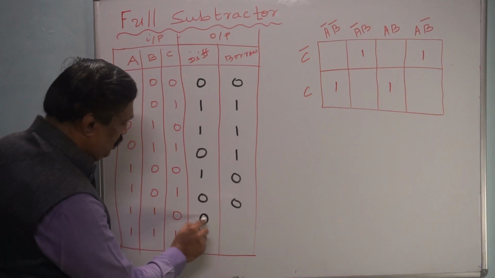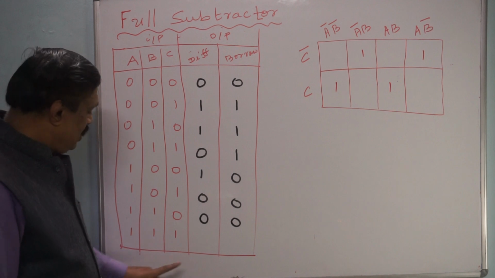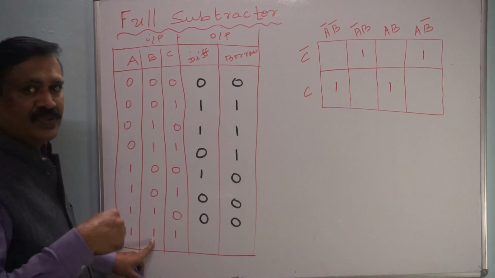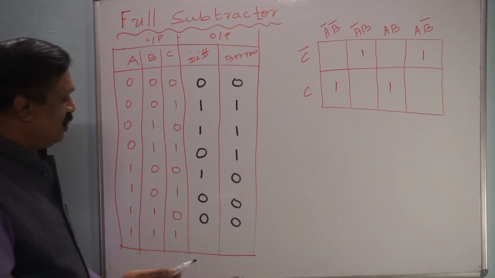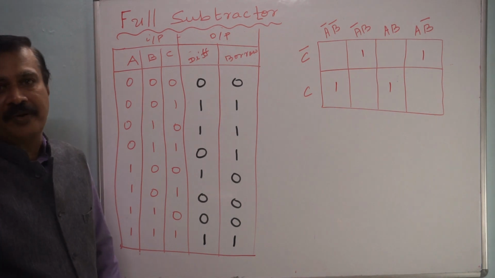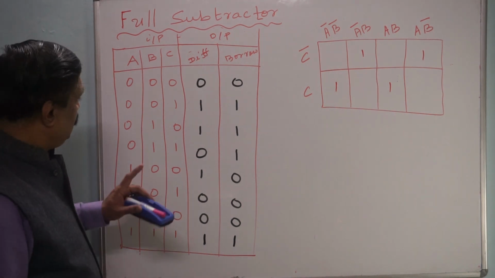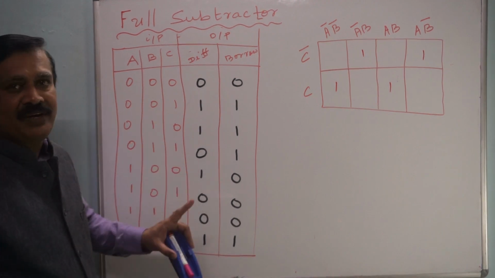Therefore there is no difference, there is no borrow. And here you have to think. 1 minus 1 is 0, and 0 minus 1, that means 2 minus 1. Therefore difference will be 1 and borrow will be 1. The only thing you have to remember: if 0 minus 1, borrow definitely will come.